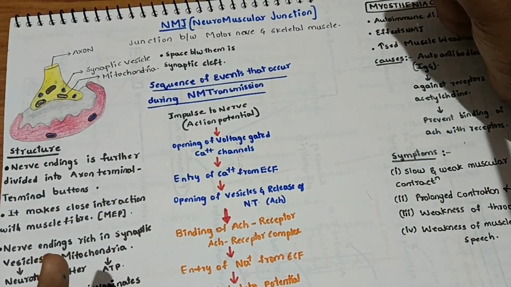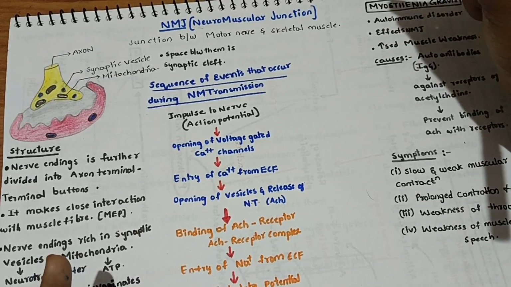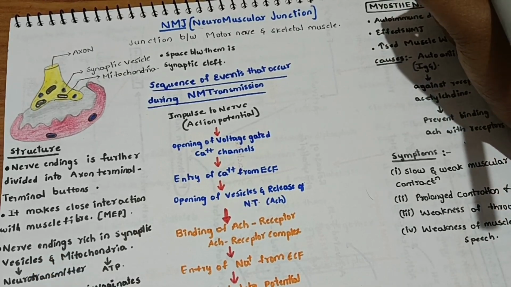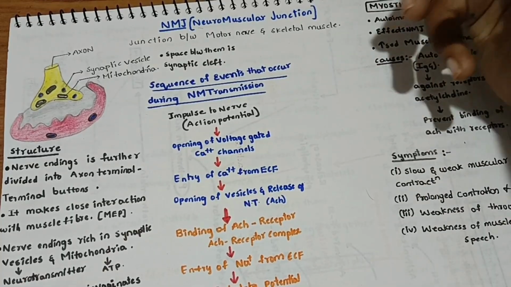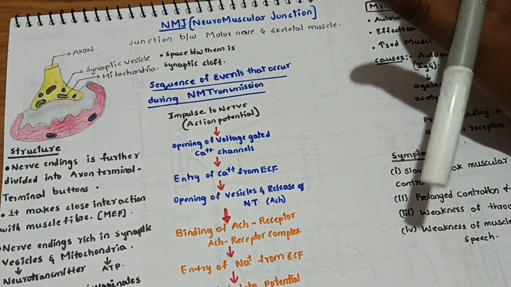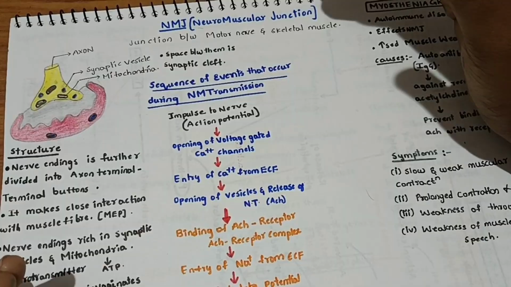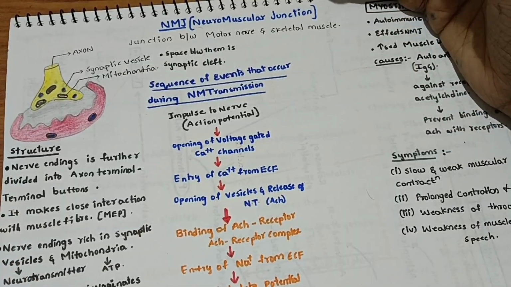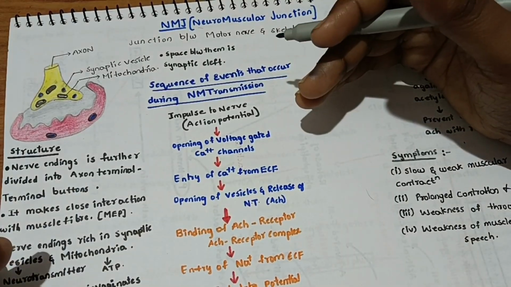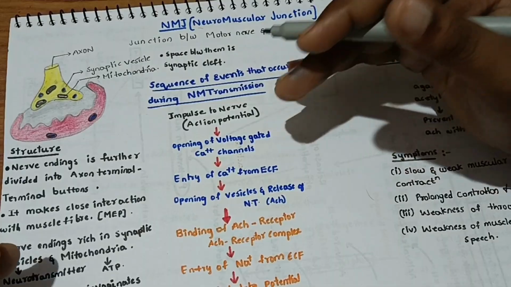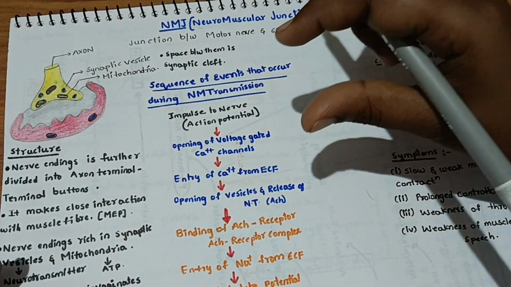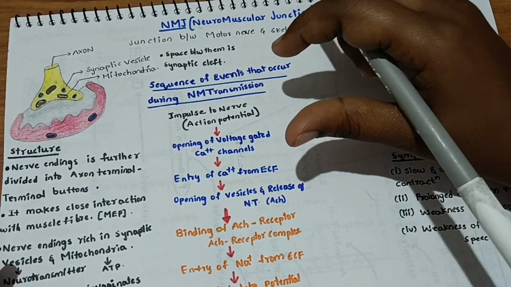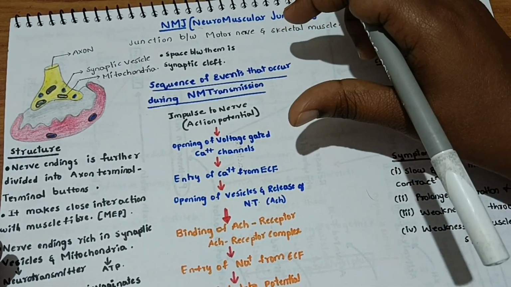The motor end plate is folded into depressions known as the synaptic gutter or trough. The neuron membrane is the presynaptic membrane, whereas the membrane of the motor end plate is the postsynaptic membrane. The space between these two is the synaptic cleft.